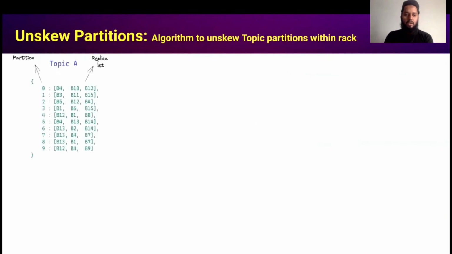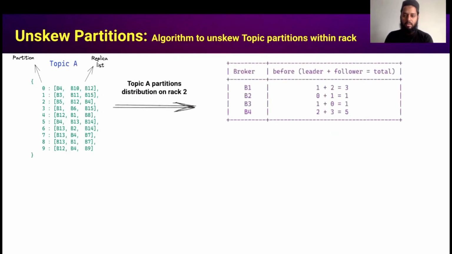Let's take an example. We have a topic A. The total number of partitions in topic A is 10, and the partitions are distributed across 5 different racks. For this example, I am taking the distribution in rack 2, which looks something like this. The total leader plus follower count is something like this.